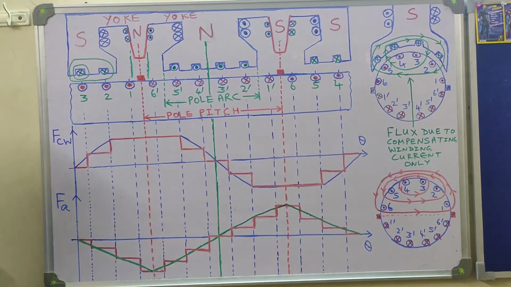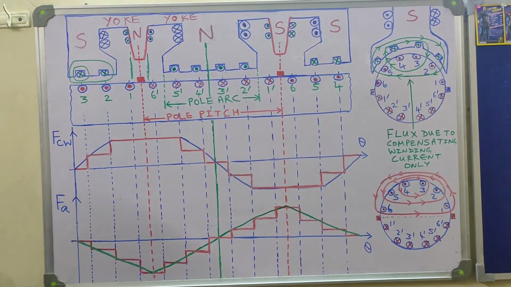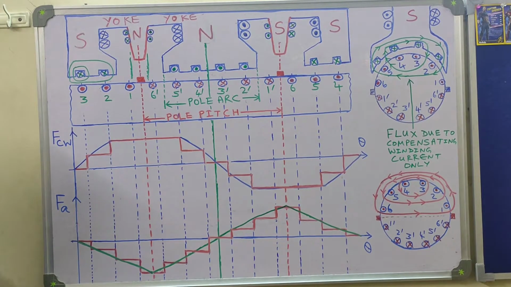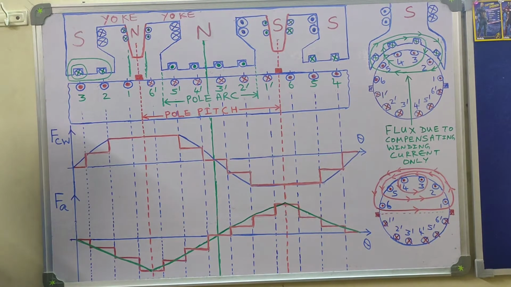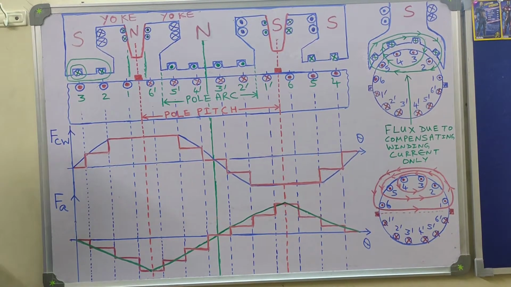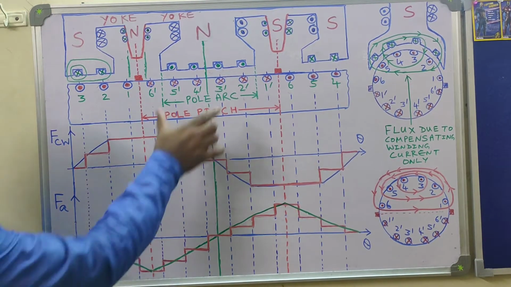We definitely need to cancel the armature MMF along the interpolar region, so that the commutation is good. But besides that, we need to also cancel the armature MMF under the pole faces.